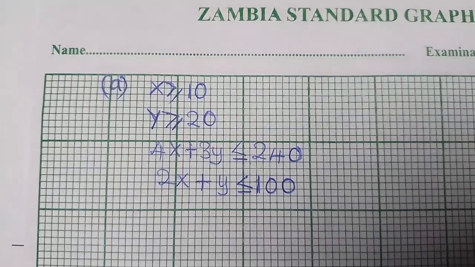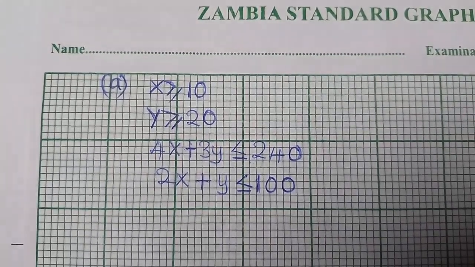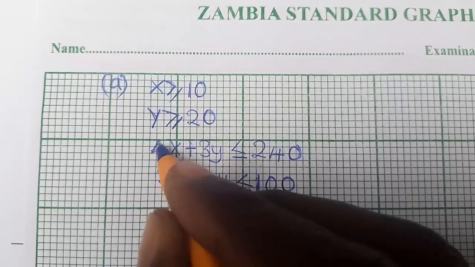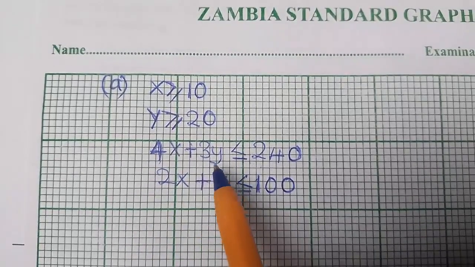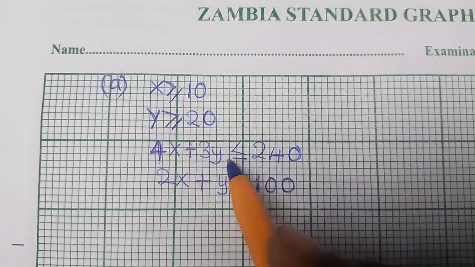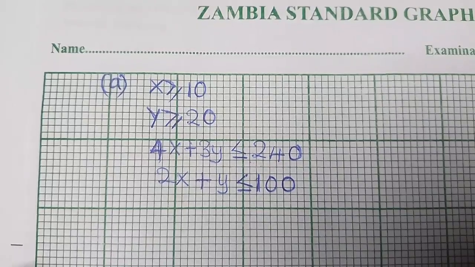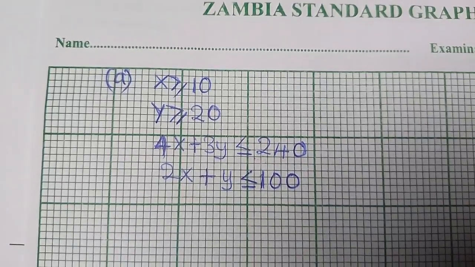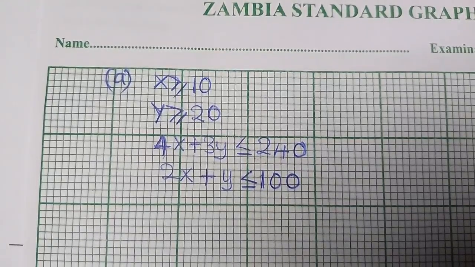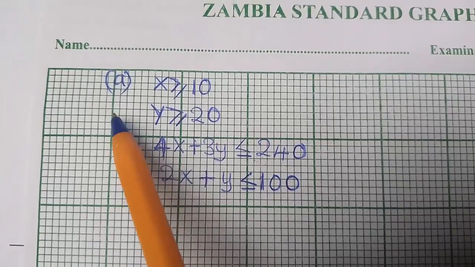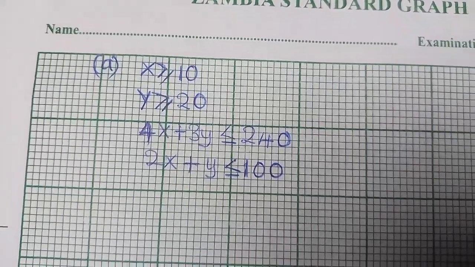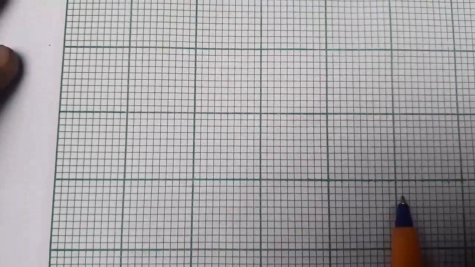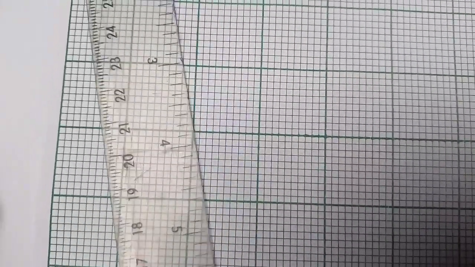These are the inequalities. You put them there, the same way I've done. This is 4x plus 3y less than or equal to 240. You know that once you get linear programming, you don't have negatives. So you put a line here and just leave this box here. The line should pass from here like this.